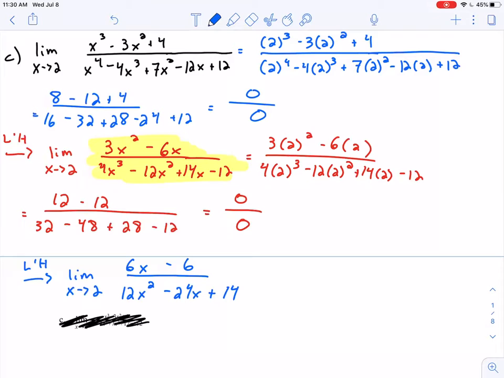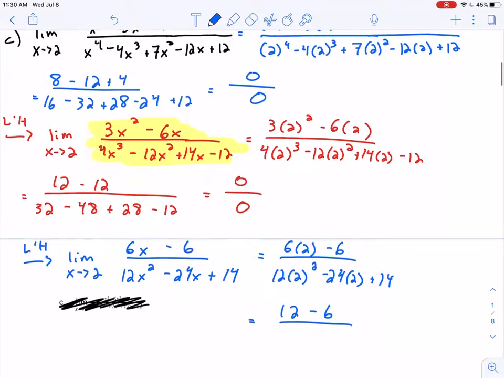So let's try it one more time. Let's see if this works out. Here I have 6 times 2 minus 6, divided by 12 times 2 squared minus 24 times 2 plus 14. 6 times 2, I've got 12 minus 6. This is looking promising.